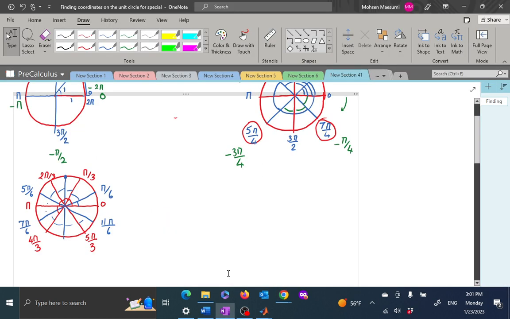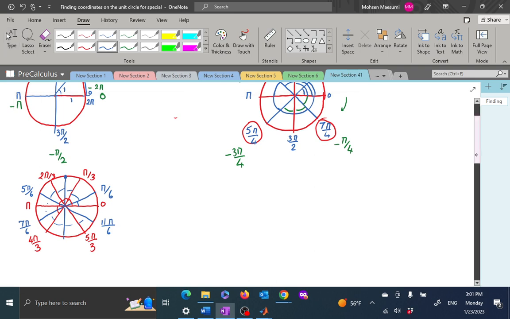You can think about somebody on a circular track running around, or somebody taking a rope and wrapping it around a circle. Well, that's one way of knowing where you're at, by just knowing how much of rope you have wrapped around this thing. Another way is giving x and y coordinates.